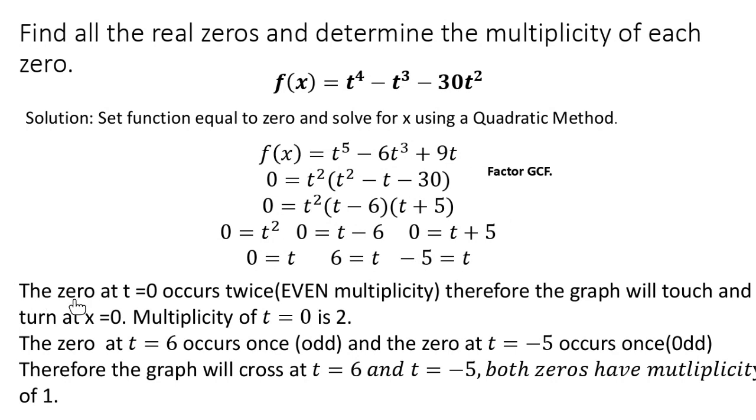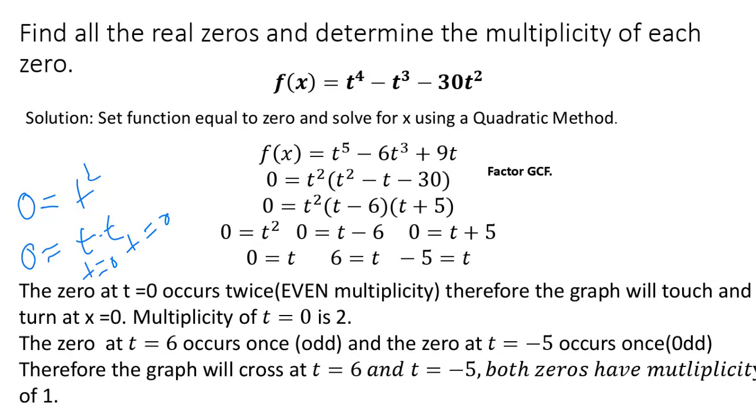So if you notice here, the zero at t equals 0 actually occurs twice. Although I only wrote it one time, this right here is appearing twice because, if you remember, I can rewrite this as t times t, which is going to be t equals 0 and t equals 0.